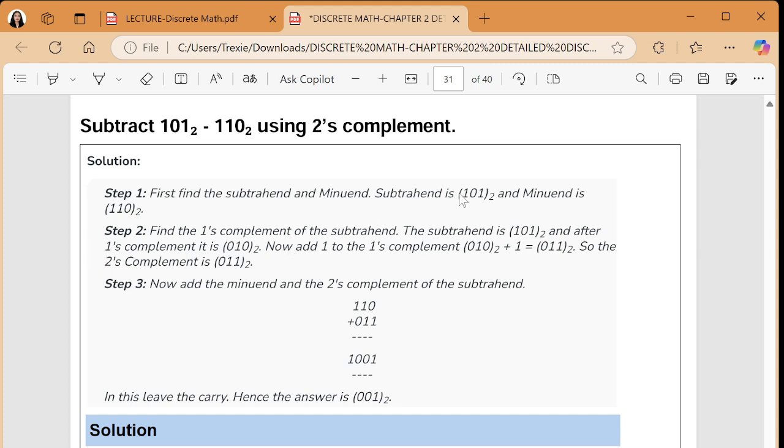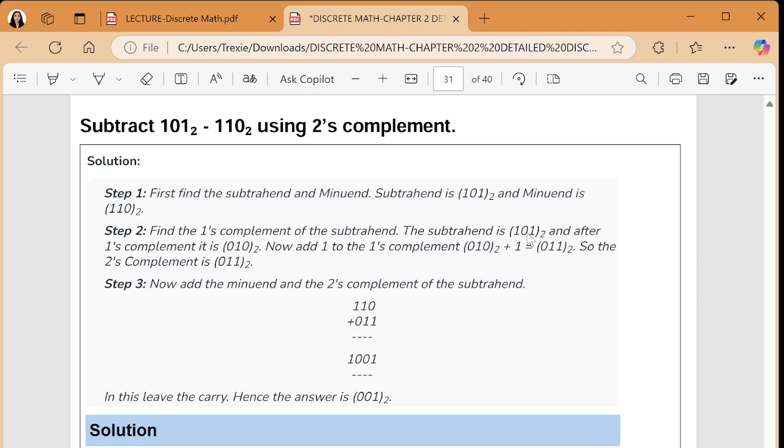We need to find the 1's complement of our subtrahend 101. We need to apply the complement, so it will be 010. Now we need to add 1 to the 1's complement.